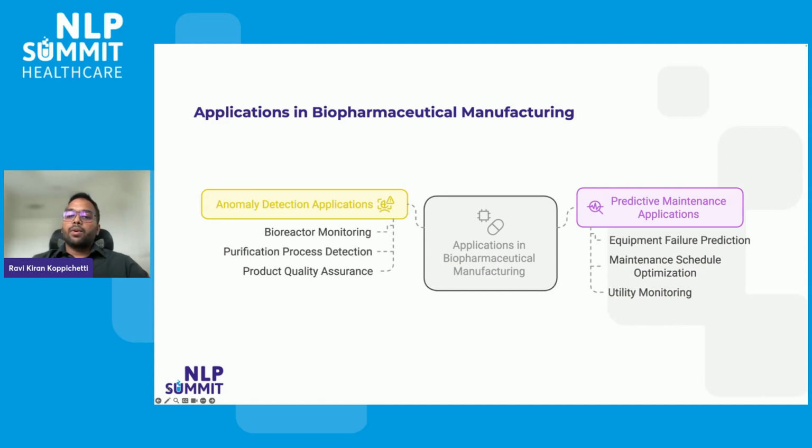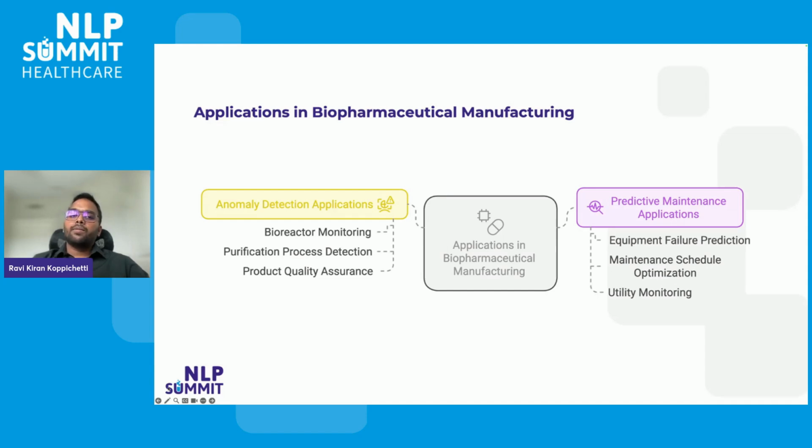Additionally, anomaly detection algorithms monitor labeling and packaging processes to ensure compliance with regulatory standards. For example, an AI system might detect a misaligned label or a missing cap, preventing defective products from reaching the market itself. This not only safeguards patient safety, but also protects the manufacturer's reputation.